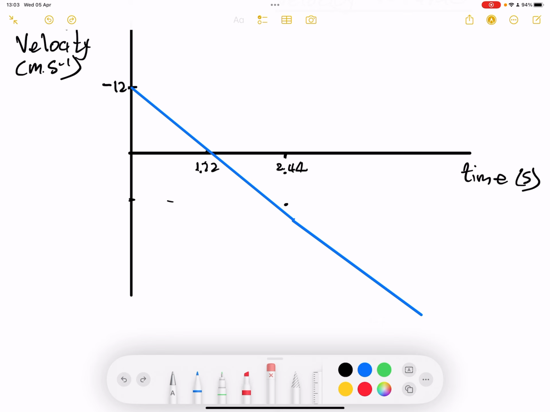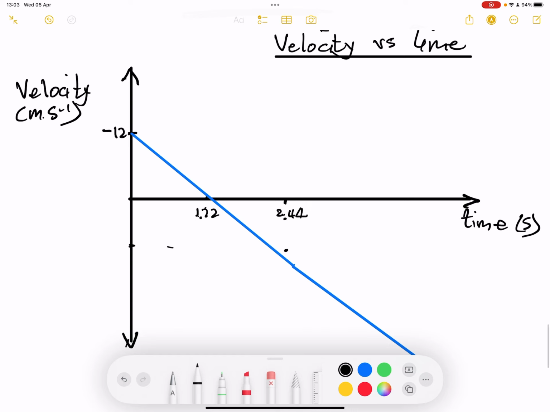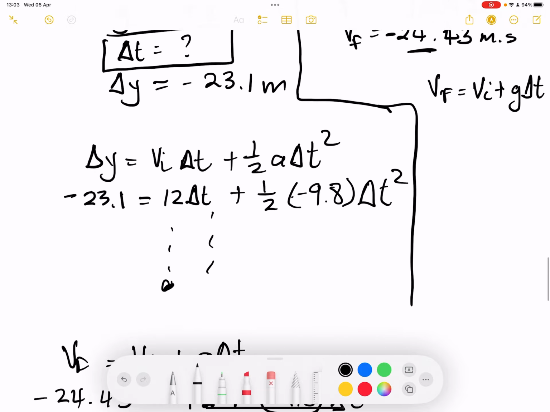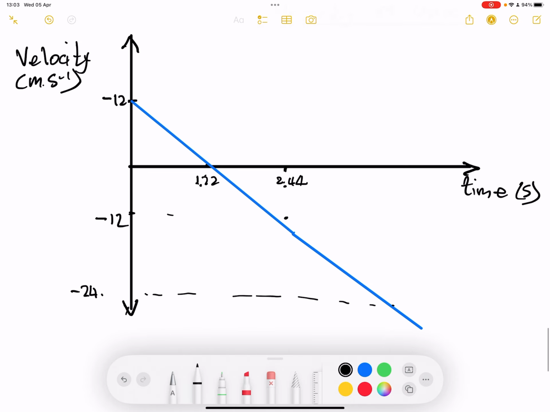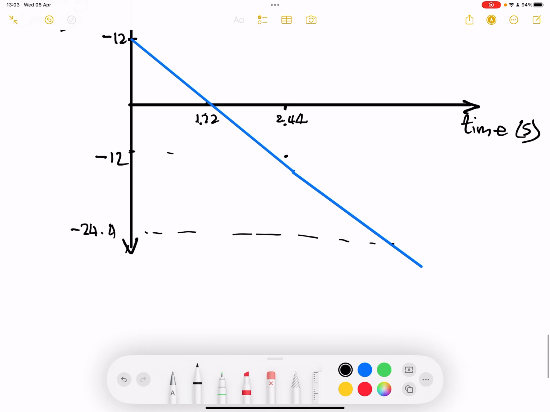You show them by indicating those arrows there. We must be able to clearly see which ones are the axes. So that would be negative 12 there, okay? And we know that final velocity must be negative 24.43, I believe. Yes, 43.